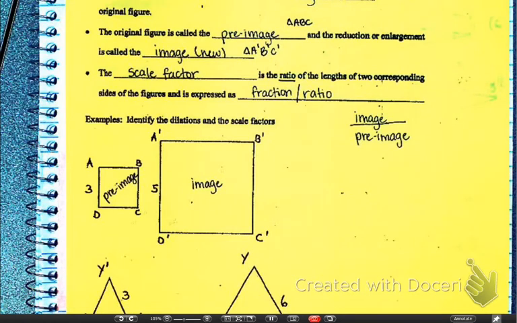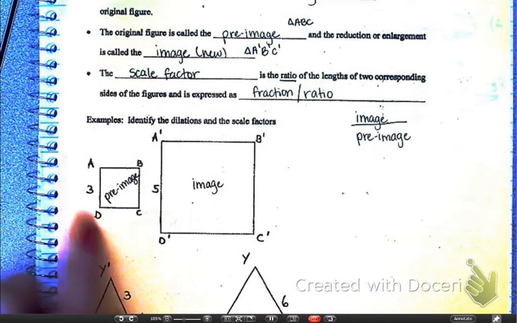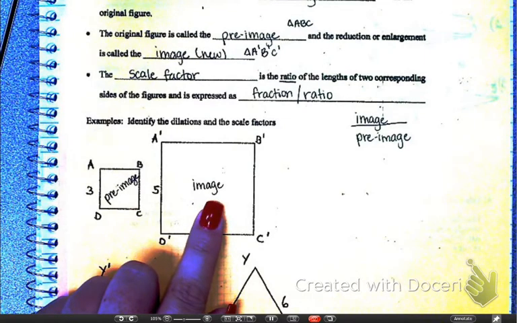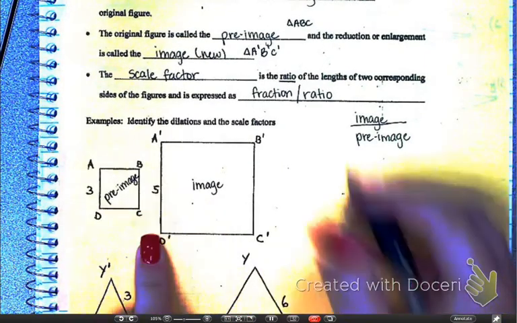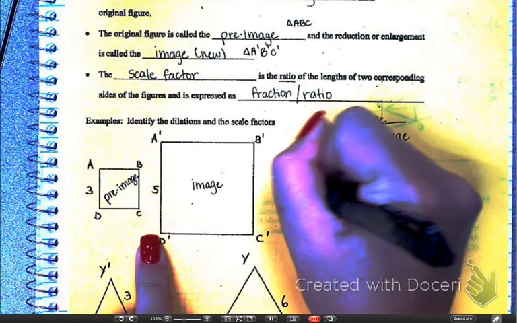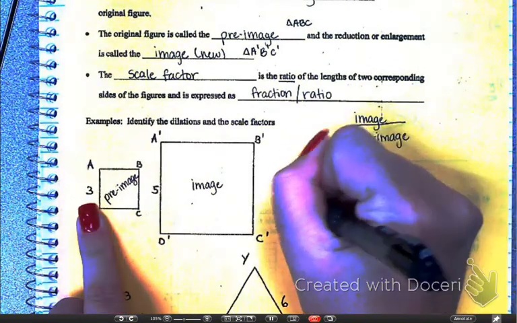Now what we're doing when we're looking for scale factors, we're comparing side lengths. Because if I have something that starts with a length of 3 and now has a length of 6, I'm figuring out what happens. It obviously got bigger, right? So I'm figuring out how much bigger it got. So in this case, if we do our image, our side length here is 5. So our image over our pre-image.